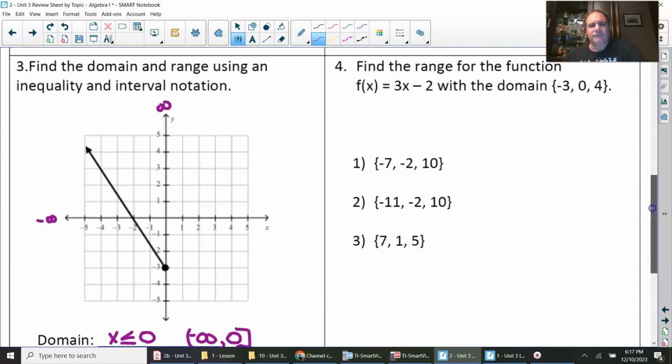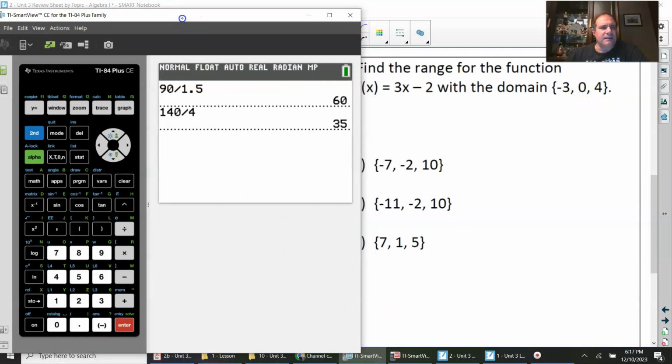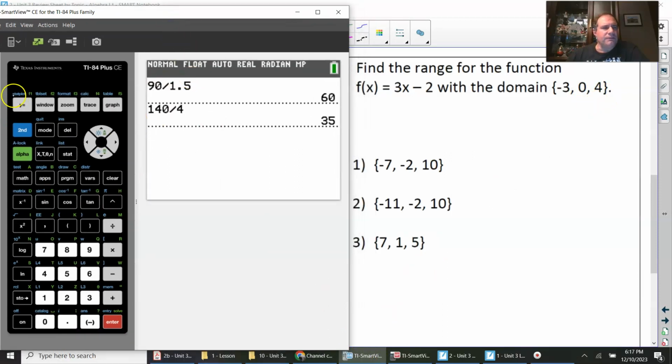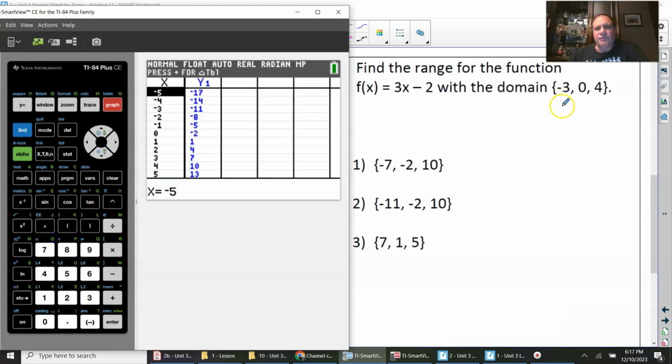All right, find the range for the function f of x equals 3x minus 2 with the domain -3, 0, and 4. A very easy way to do this is to bring up the calculator, and we are going to put y equals into the calculator instead of substituting 3 separate times. And then we're going to press second function graph. So for the domain of -3, we're going to have a range of -11.